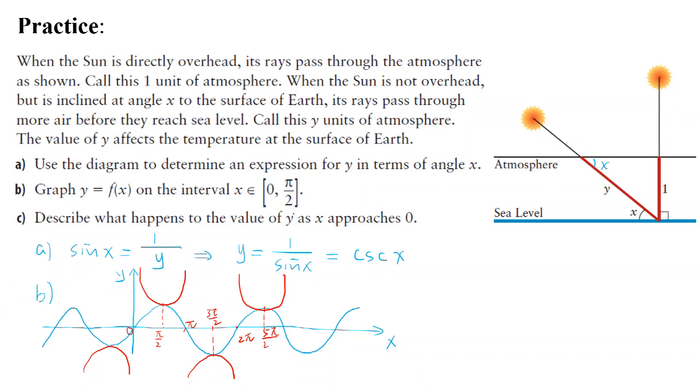So we only need to sketch the graph on 0 to half pi. So this graph should look like this, right? We only keep this branch here. If you want to separate the graph, you can draw another graph here. This function should look like this one, right?